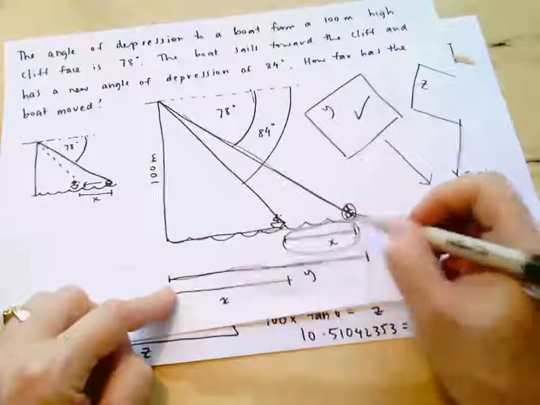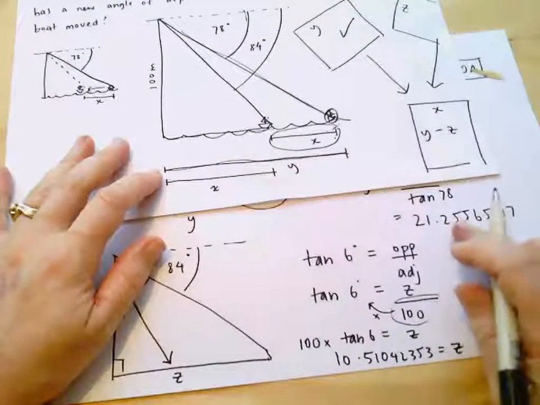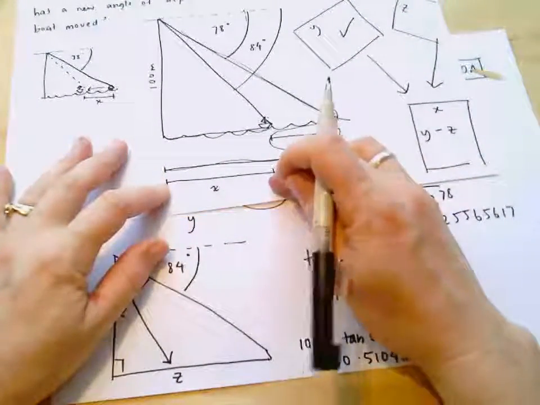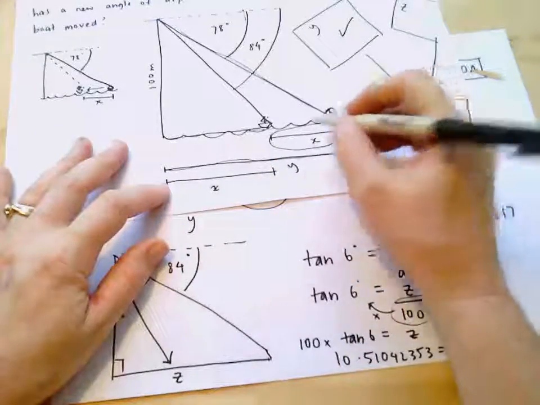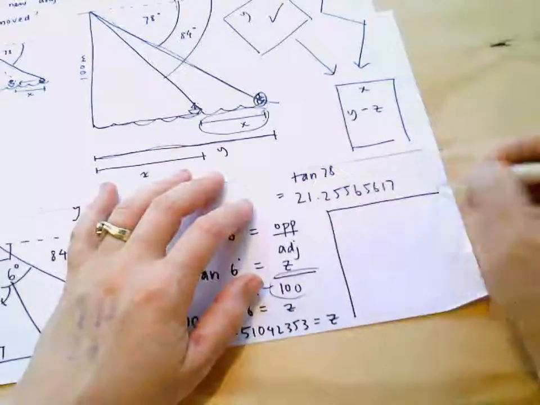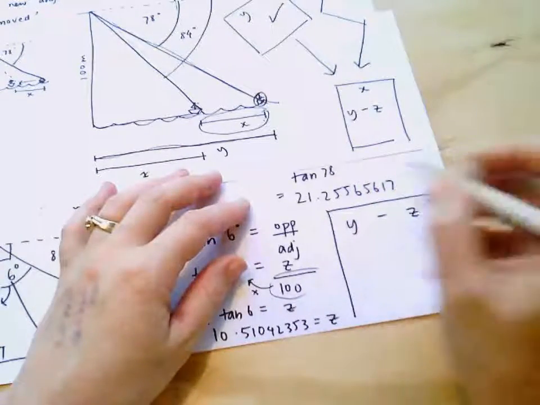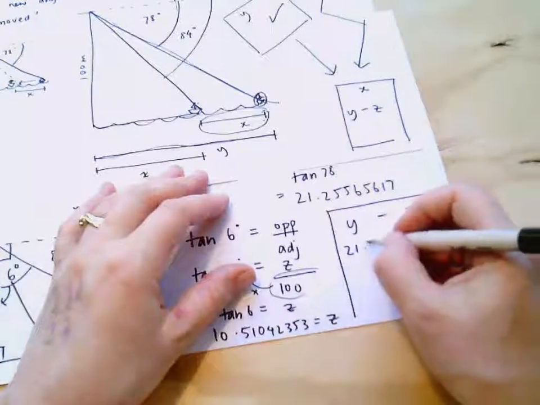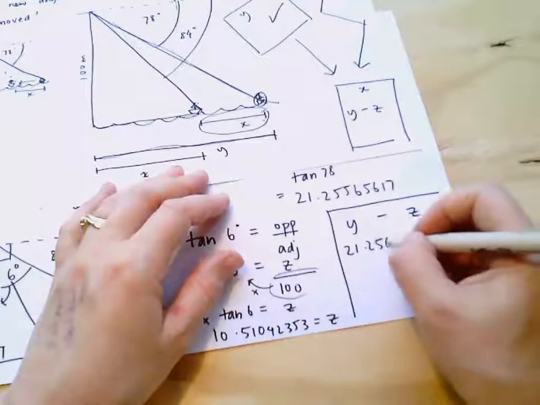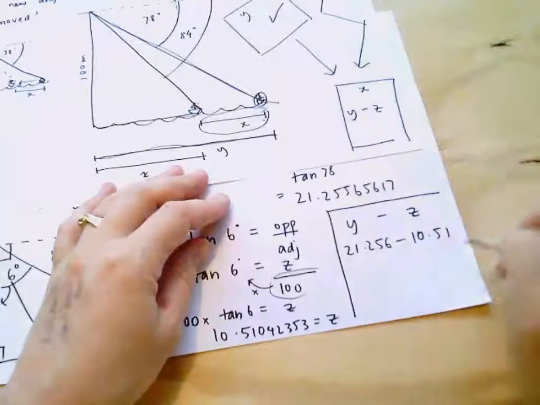Final step of my question, of course, what I was trying to do was to work out this distance here. Well, I've worked out that this all the way along is 21 metres. I've worked out that this bit here is 10 metres. So this is going to have to be the difference between them. So it's going to be y minus z. So my y was 21.2, I'm just going to write 56, but you'll type it all into the calculator. And I'm taking away the 10.51.